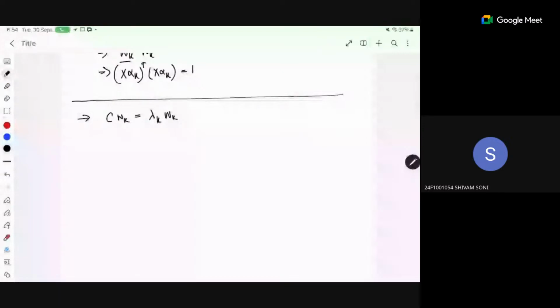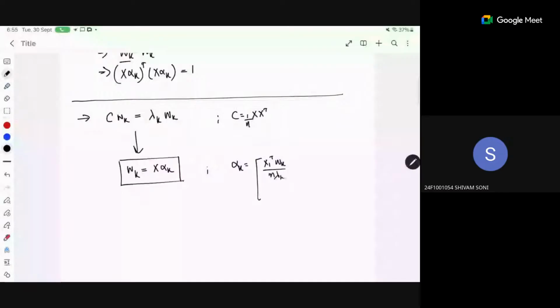We solved for this, where we substituted my C to be XX transpose by N, and what we got at the end is that I can write my WK to be X alpha K. Each of the alpha K was given by X1 transpose WK by N lambda K, so on to Xn transpose WK by N lambda K. And my X is the usual D cross N matrix, X1, X2, so on till Xn.